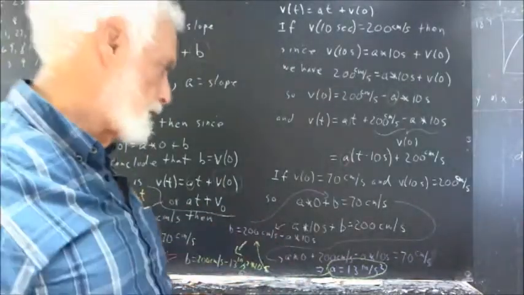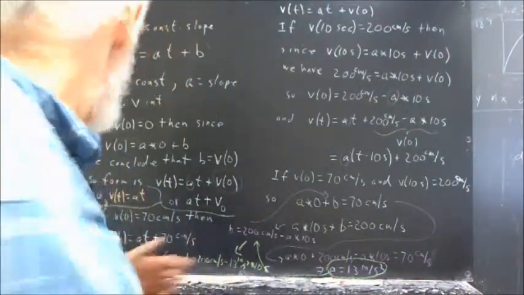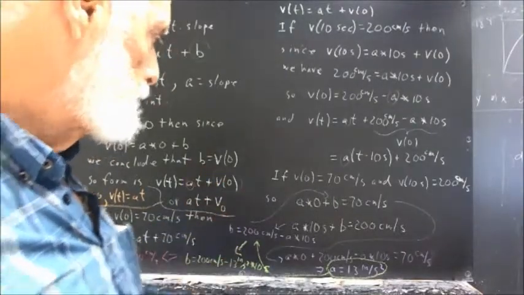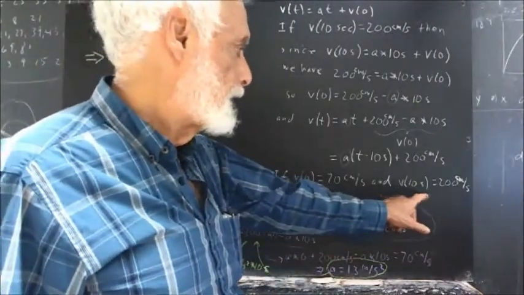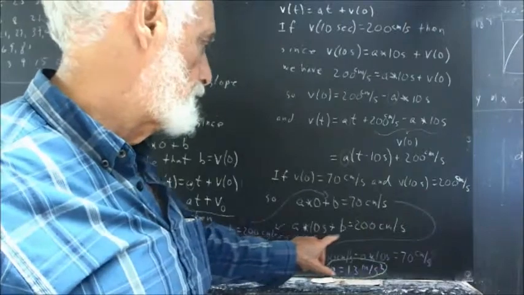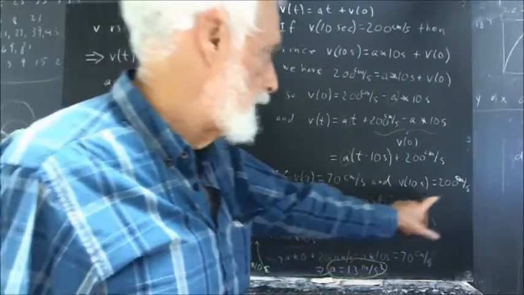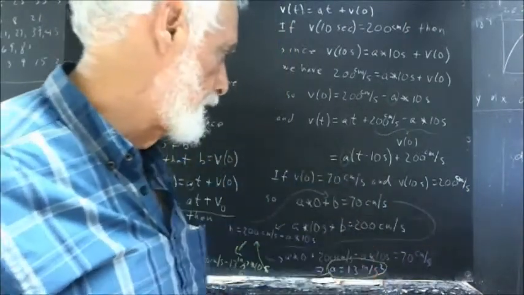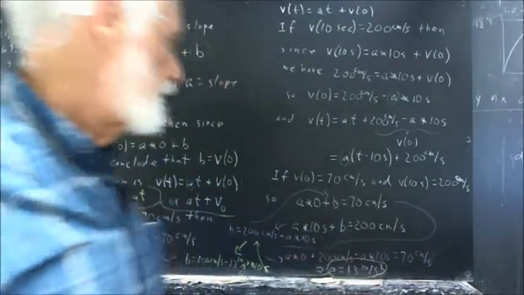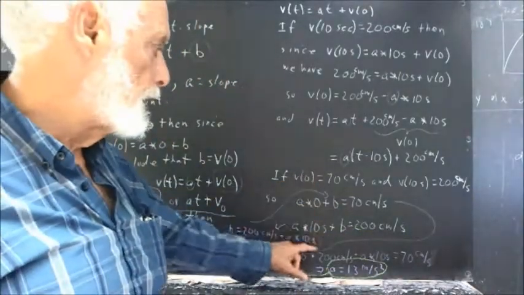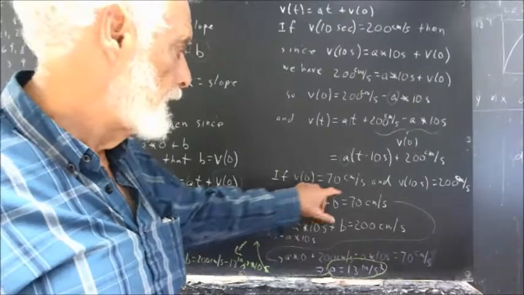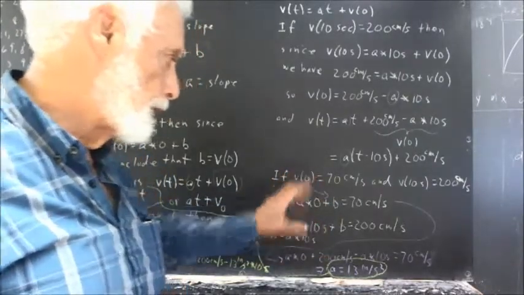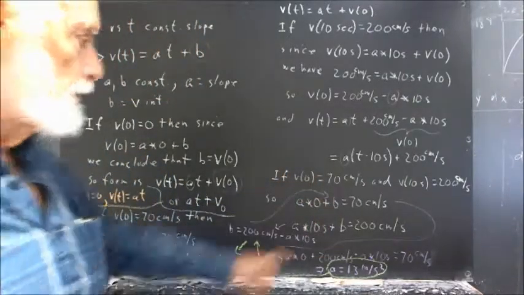I want to illustrate a more general way of solving these equations, which I'm sure you're familiar with, but let's go on. So if we plug in 10 seconds, we get a times 10 seconds plus b, and if that's equal to 200 centimeters per second, then we have a second equation. So now we have two equations in two variables, a and b. We can solve for the two parameters a and b.